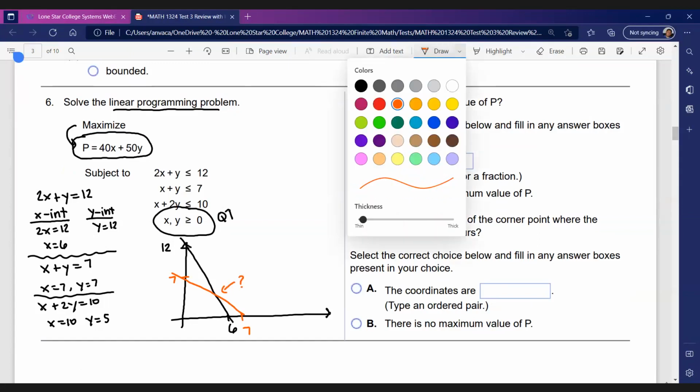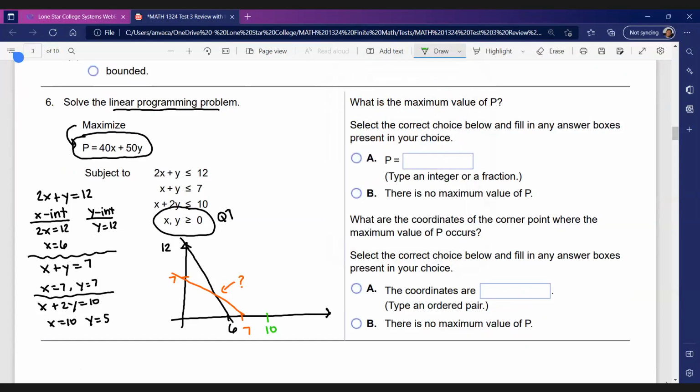So let me see if I can. So we have then 10, and then somewhere here, 5. What a very poor sketch here. Wow, what a poor sketch. Okay, it would have been nice if I would have used maybe some graphing paper. That would have been better. But it is what it is for now. And so therefore we got something that looks like that.